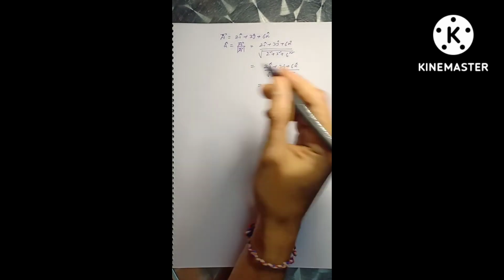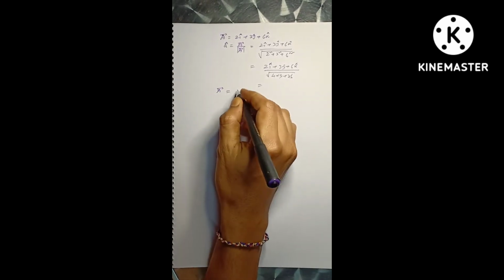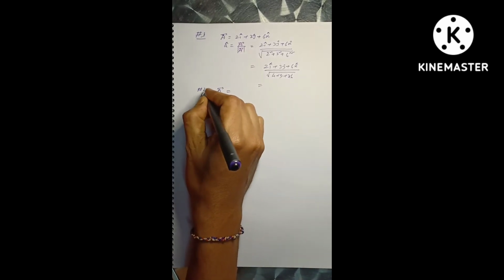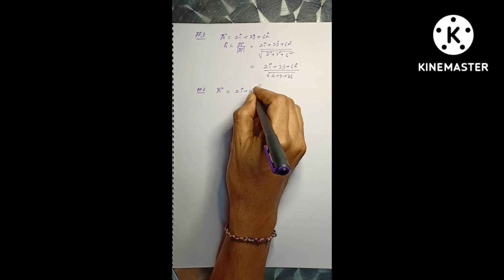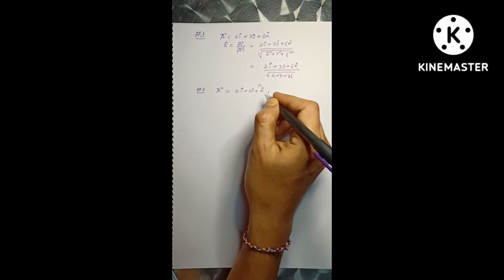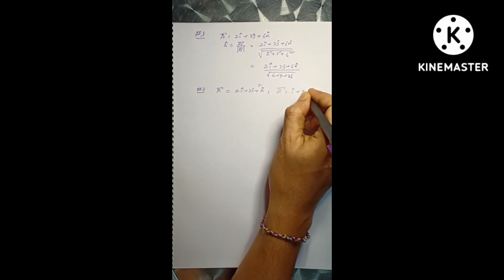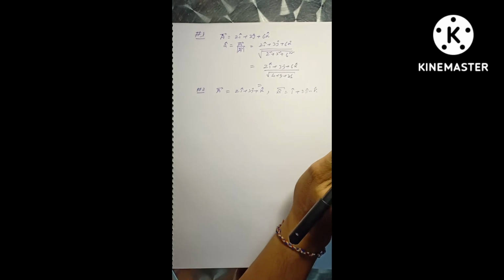Now, this is example 1, and example 2: if a vector equals 2i cap plus 3j cap plus k cap and b vector equals i cap plus 3j cap minus k cap, suppose these two vectors.